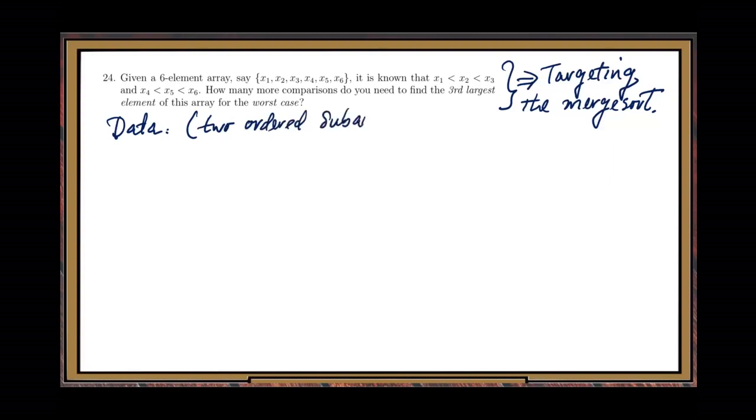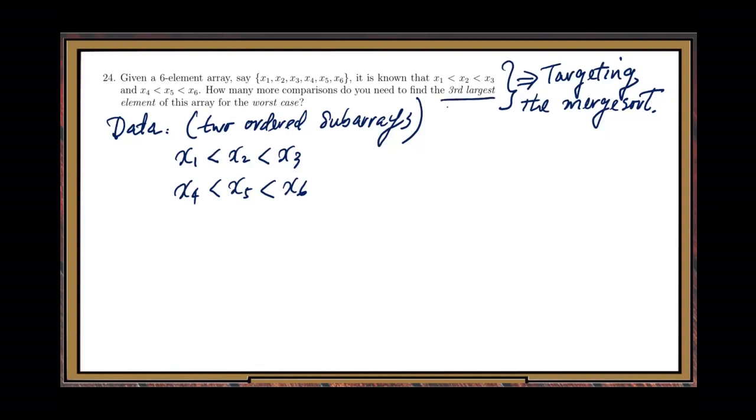The first one, x1 less than x2 less than x3, and the second one, x4 less than x5 less than x6. So now our goal is to find the third largest element for the worst case. How to solve it?